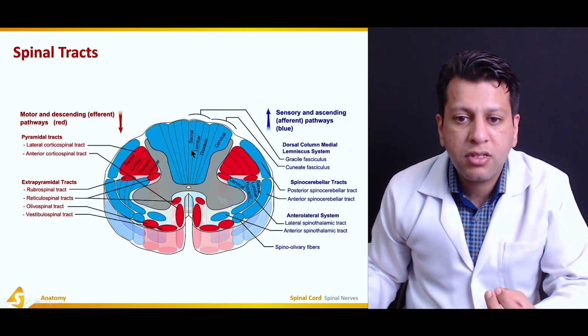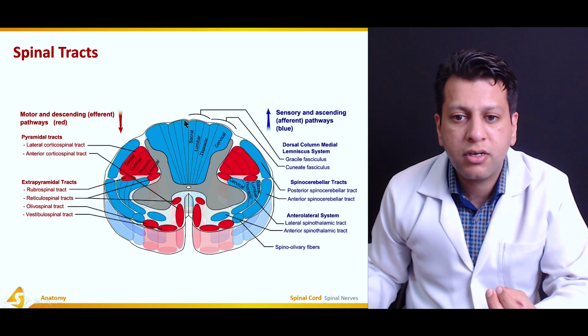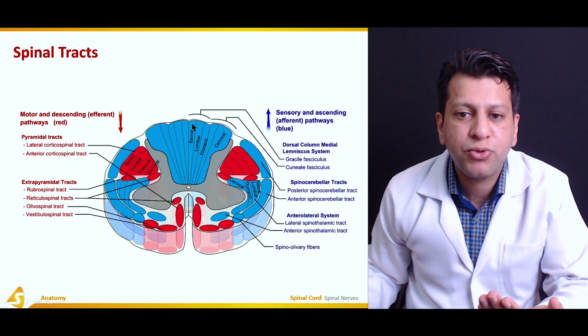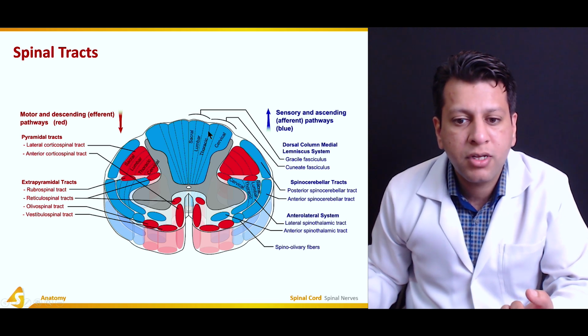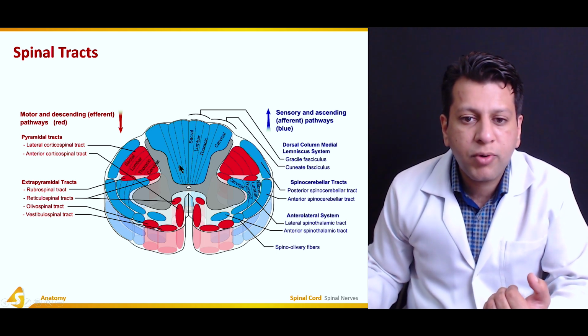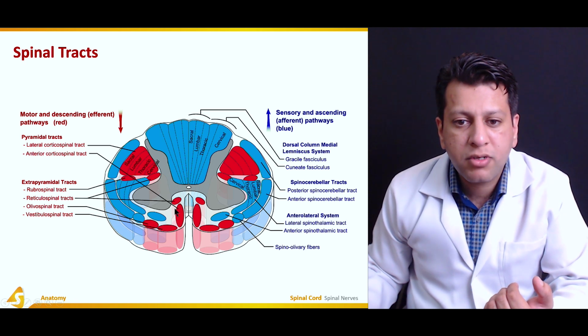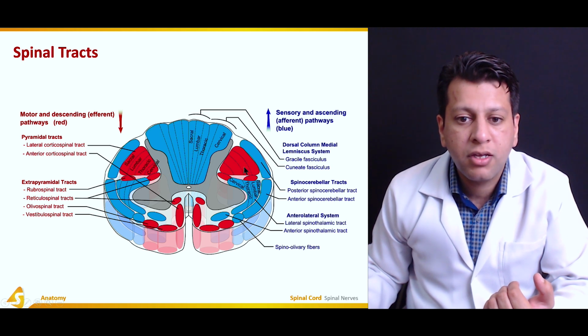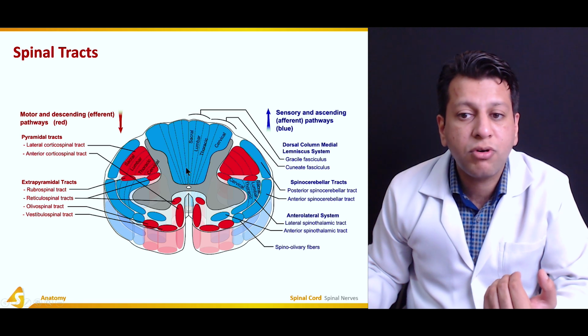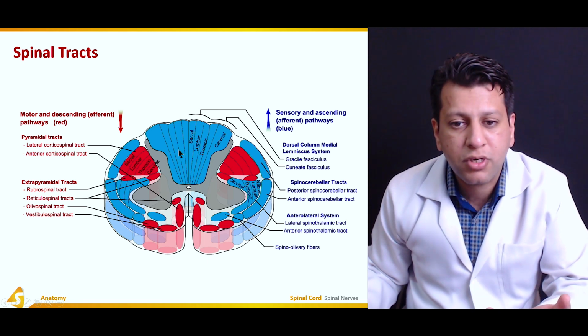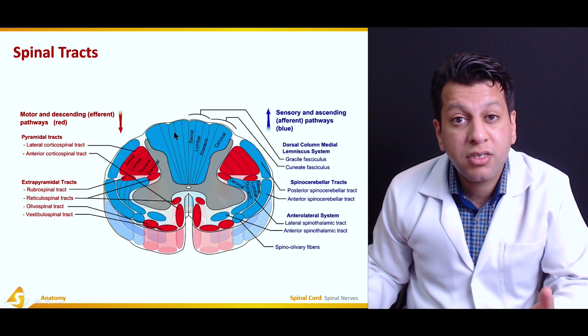As you can appreciate, this is the classical sensory tract. This is called the posterior column, as it is arranged more posteriorly in the white column. While if you appreciate over here, the motor fibers are arranged more on the anterior aspect rather than the posterior aspect. Similarly, the major sensory dorsal column tract is also called the dorsal column because it is on the posterior aspect, and it forms the major sensory part.